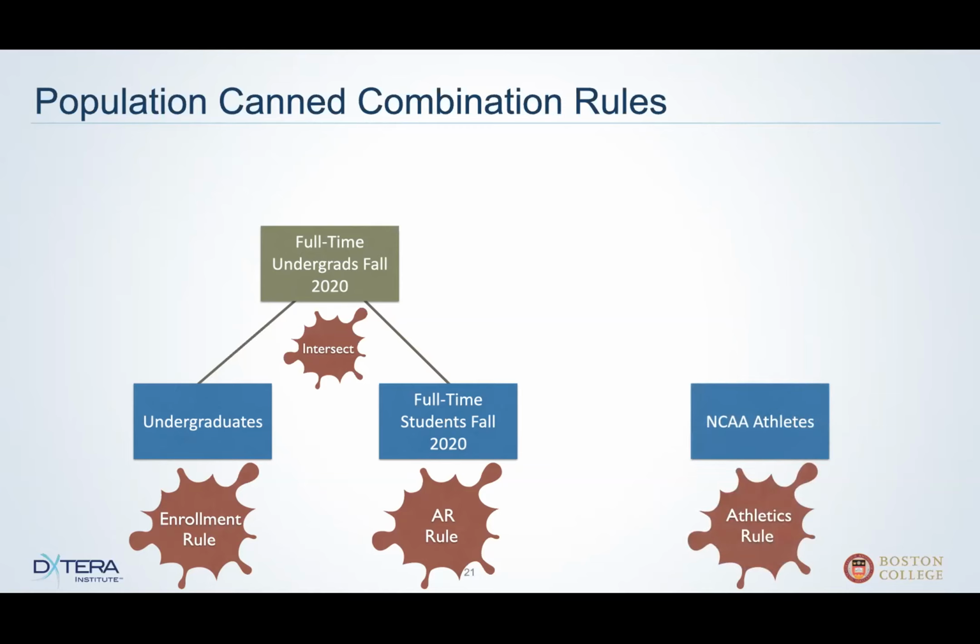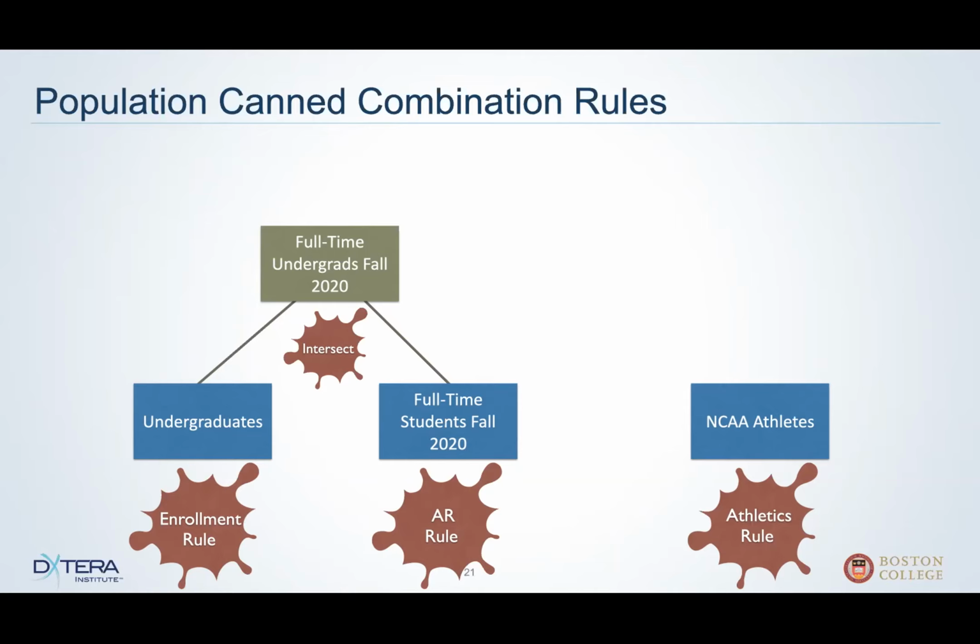So we can have another population to determine, who is an NCAA athlete, and we can talk to our athletic service to answer that question. And note that in each one of these populations, I'm kind of going after different services or looking at different data, but I'm providing a very simple and consistent interface for any consumer who wants to ask that question. So they never need to know the details of how that question was answered.